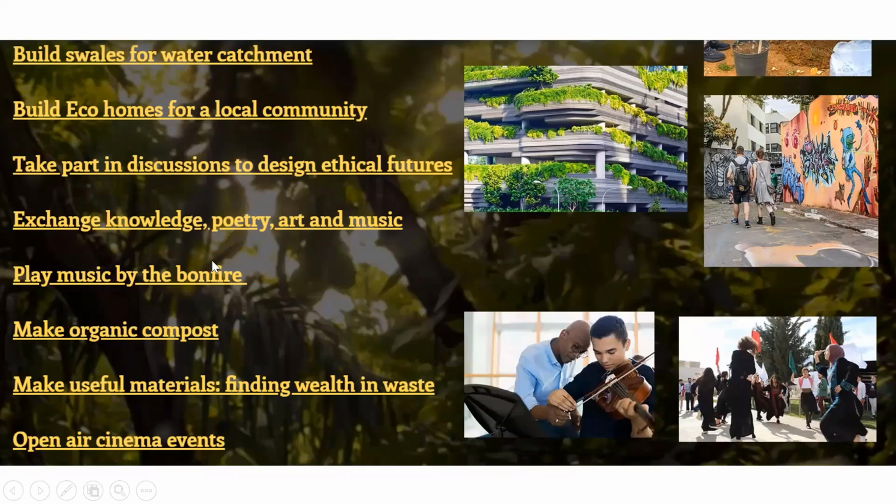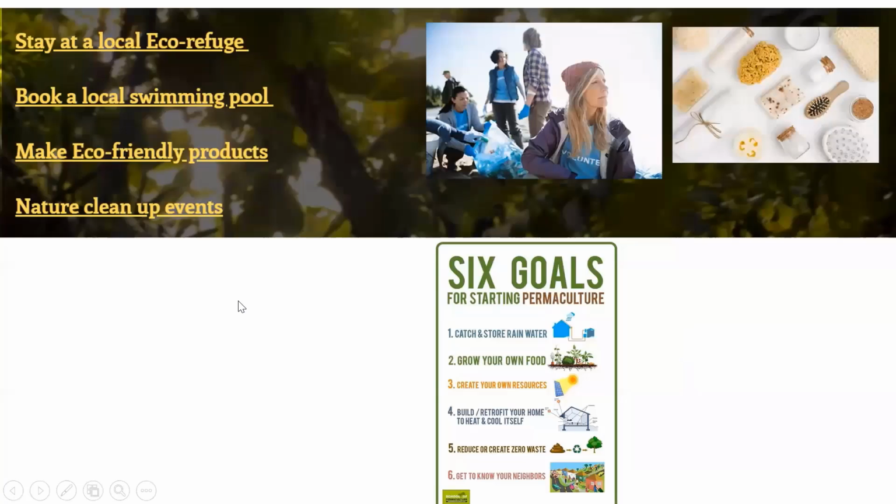People can play music by a bonfire, but make sure that it's not too much, so it doesn't affect the birds. Make organic compost together. They can create new materials by finding wealth in waste, and they can have open air cinema events. They can also stay at local refuges in their neighborhood or in the community or in their city.